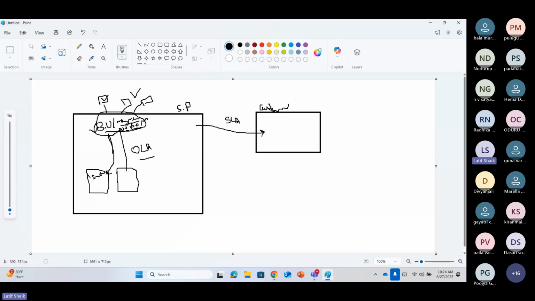And the business unit people who have brought this project give our team an agreement: this is the project, and by 6 months the complete implementation has to be done, including testing and deploying. Those are the project details, timelines, conditions, and support information, which we give to our technical team. So there is an agreement between them. It's called OLA. Sorry, operational level agreement.